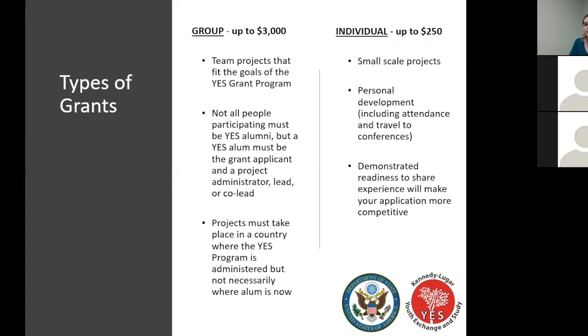All the people participating do not have to be YES alumni, but the applicant must be a YES alum and must be a project administrator, lead, or co-lead. And projects must take place in a YES country, as I mentioned before. So if you say, for example, you are from Senegal and you're living in Morocco, you are still able to apply for a YES grant because Morocco is a YES country.